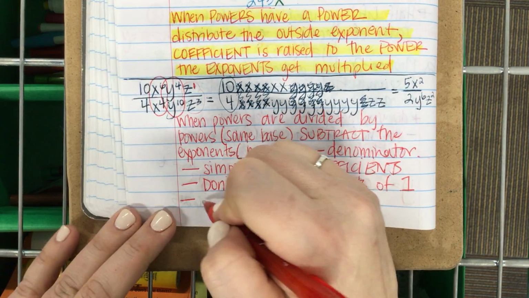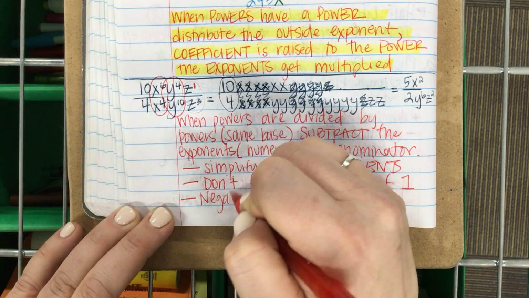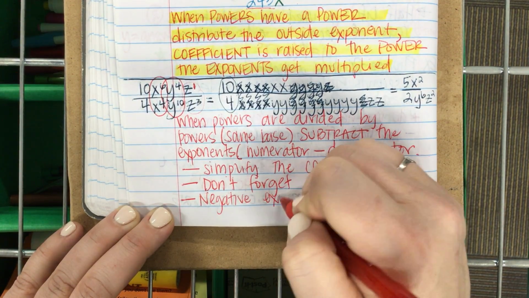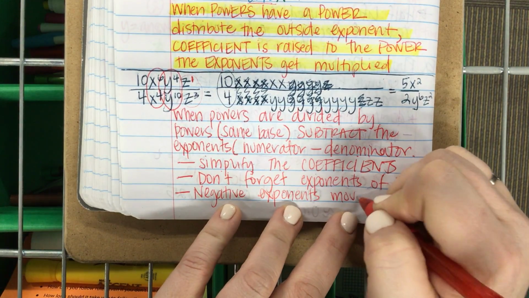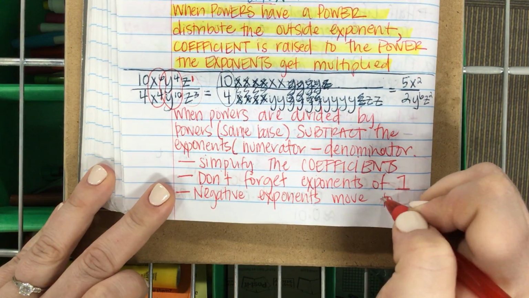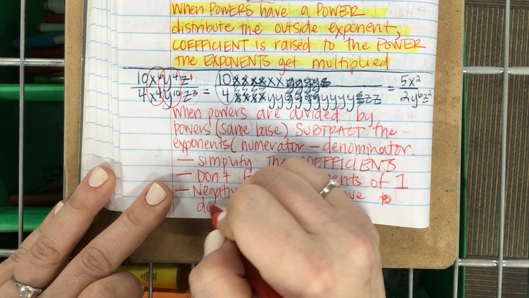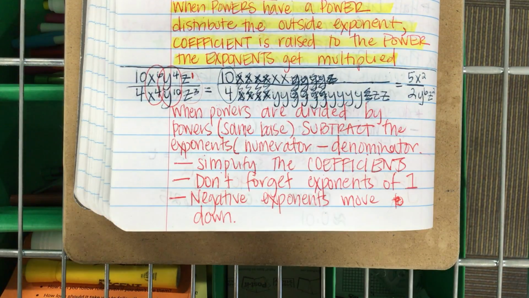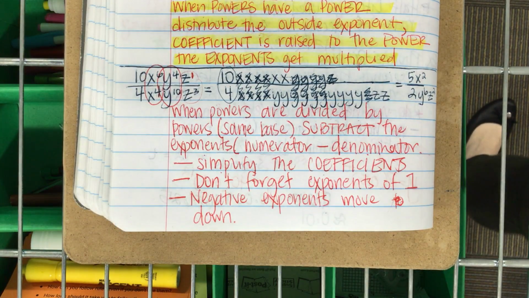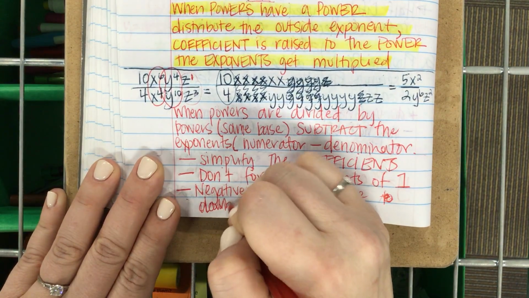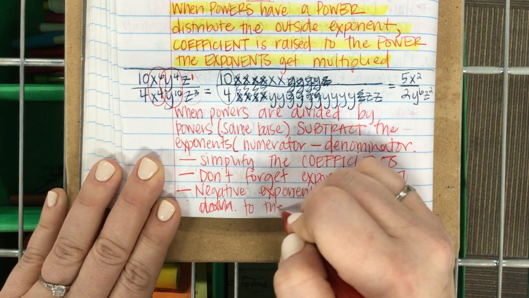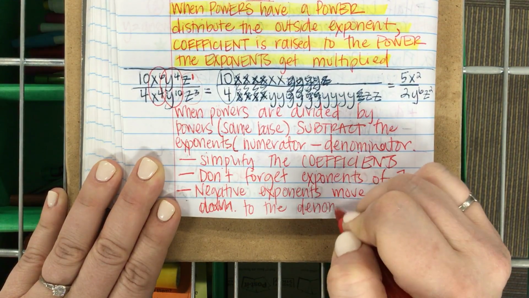Also, negative exponents move down. Right? What does down mean? I should probably say a mathematical word there, huh? To the denominator.